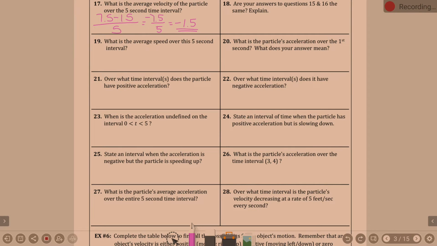So I have written down total distance versus displacement. Total distance was on question 15. Displacement was on question 16.